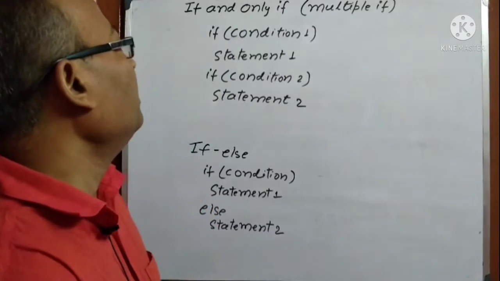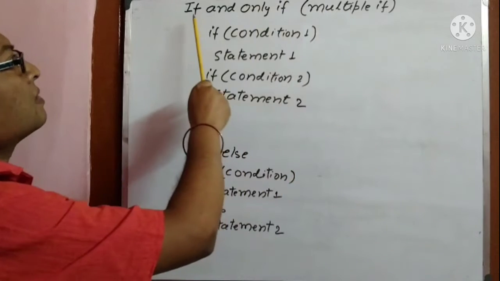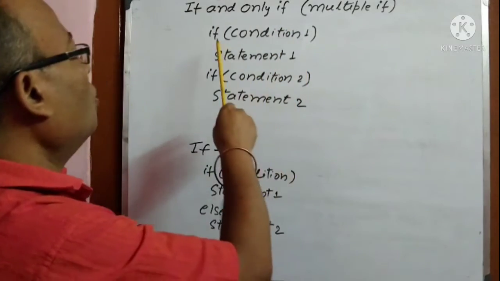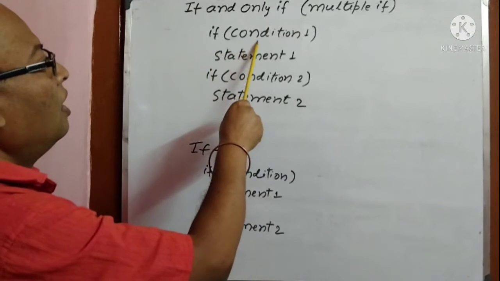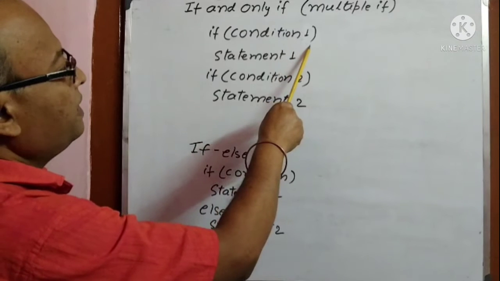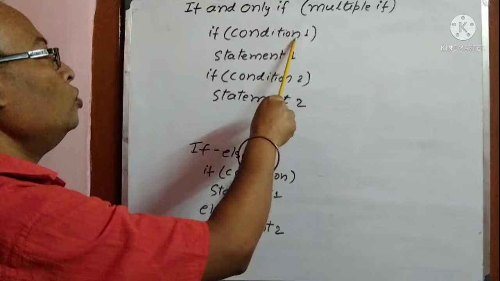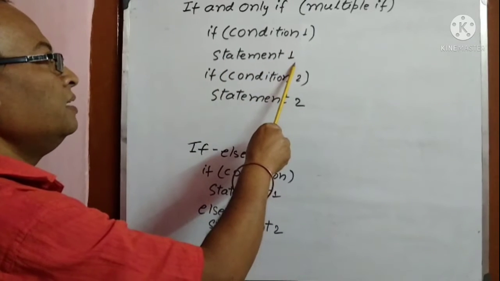So let's move on. Now we will deal with multiple if. This is called if and only if. So the syntax goes like this: if, then within bracket, this is a condition 1. If this condition 1 holds true, then statement 1 gets executed.